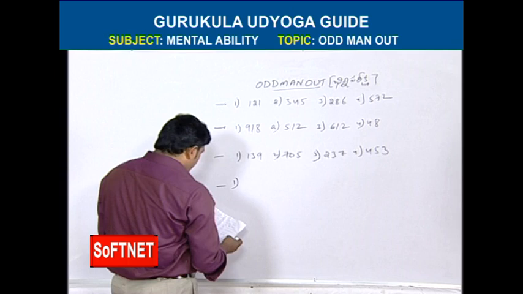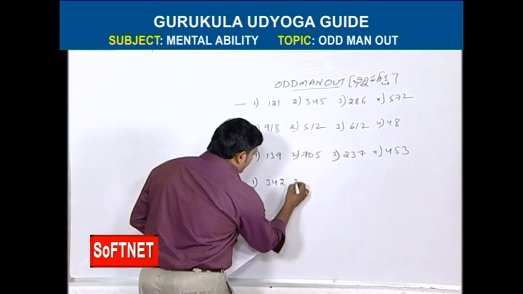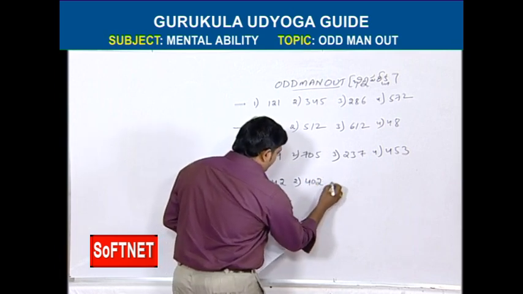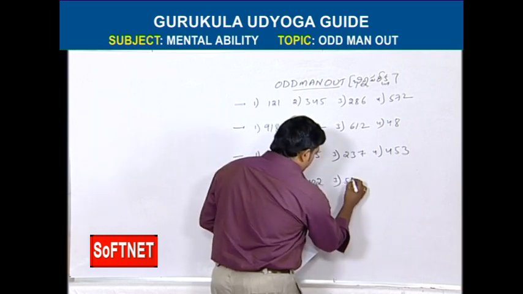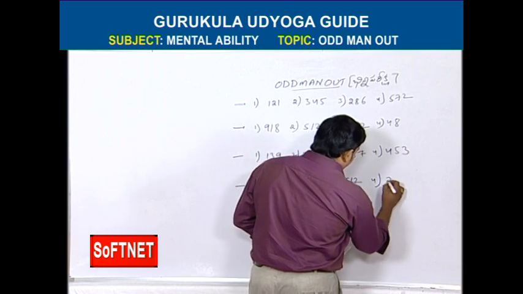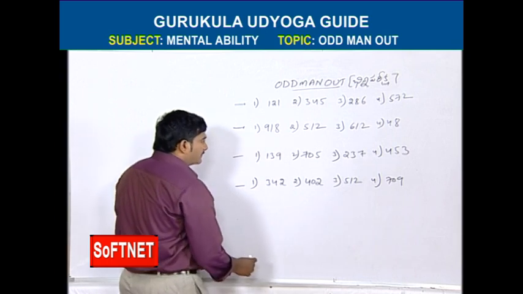In this question, the first option is 342, the second option is 402, the third option is 512, the fourth option is 709.